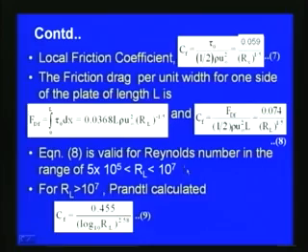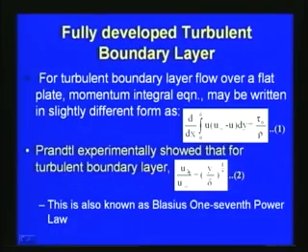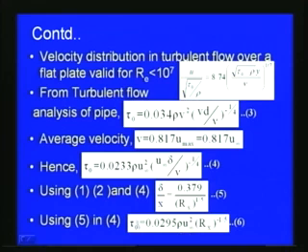For the turbulent zone, starting from the Blasius 1/7 power law, we have shown the shear stress equations, and also that the boundary layer thickness delta by x is equal to 0.379 divided by Rx to the power 1 by 5, as in this equation.